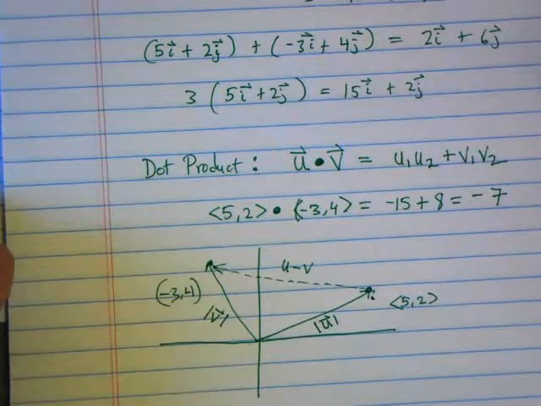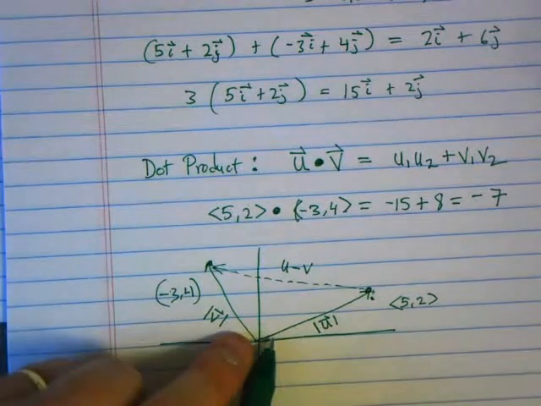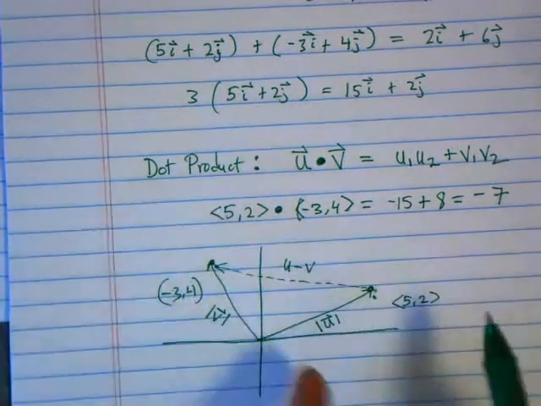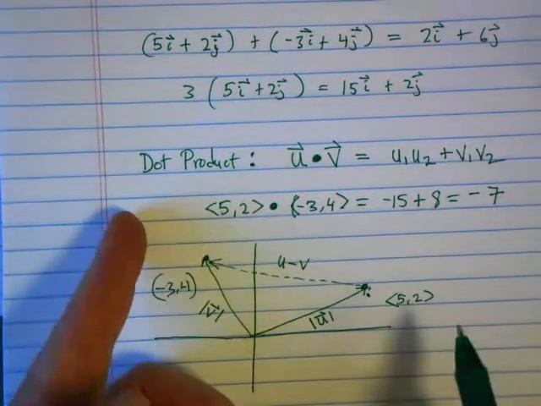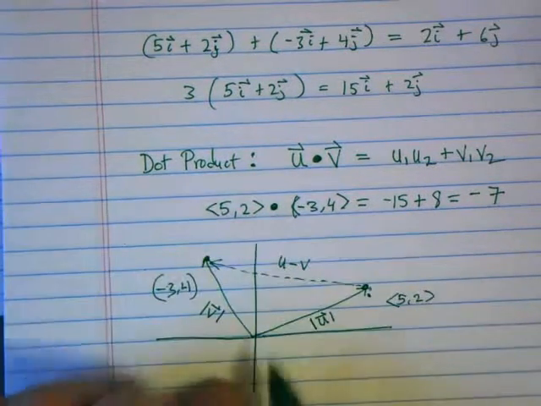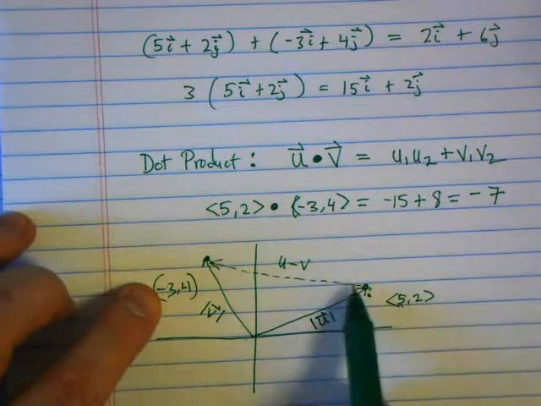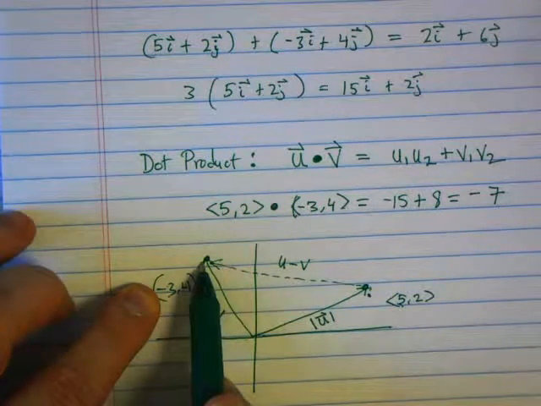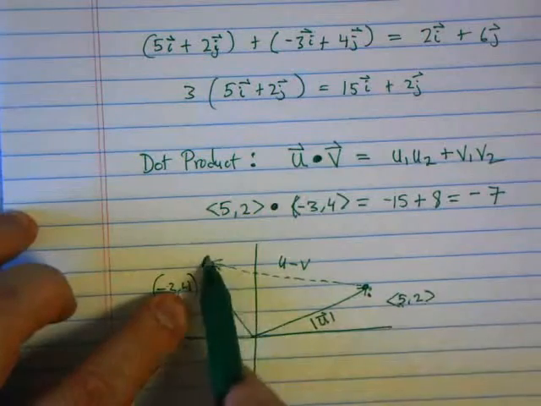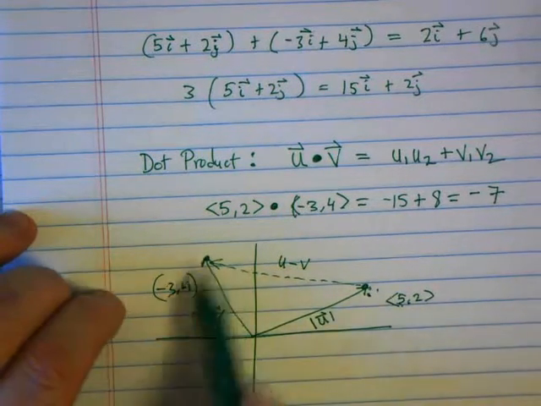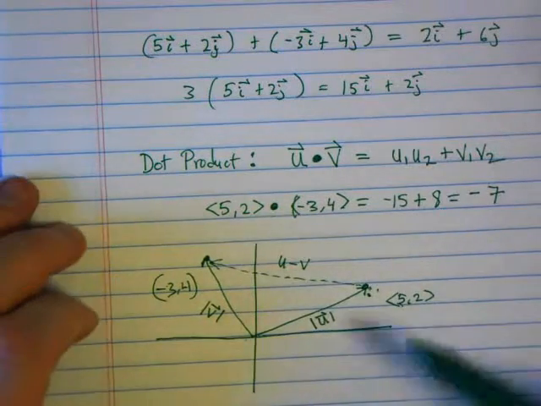Why minus? Because I started going this way, and then I took off the amount that's going in that direction. So this length would be 5 minus negative 3 in that direction, and then 4 minus 2 would be the difference in the heights. So subtracting the two vectors gives me the vector that connects them.